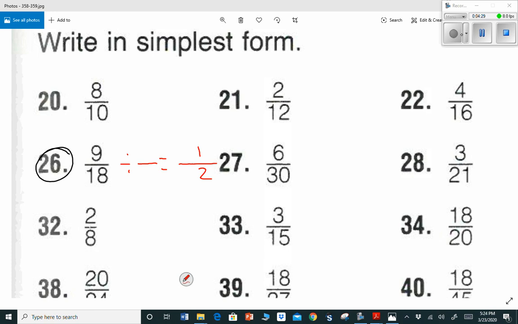You can put that. But 9 divided by 9 equals 1, and 18 divided by 9 equals 2, giving you 1/2. So I'm hoping this is recognizable to you. If not, at least you recognize that 9 and 18 are both 9s, and that's why we're dividing by 9/9.